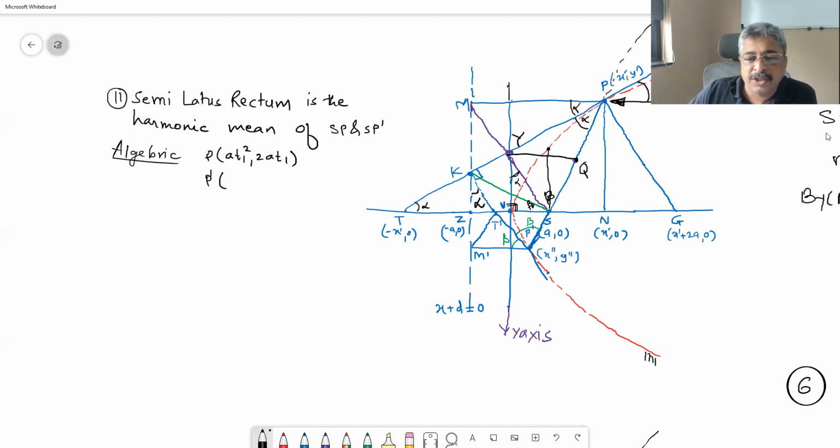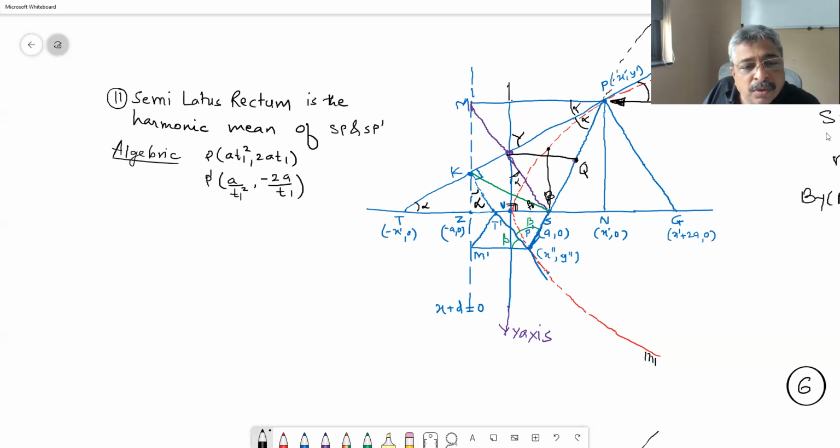If it is t2, then t1 t2 is minus 1. Therefore, a upon t1 square comma minus 2a upon t1. Is it going to be P dash? I think so. Coordinates of P dash.